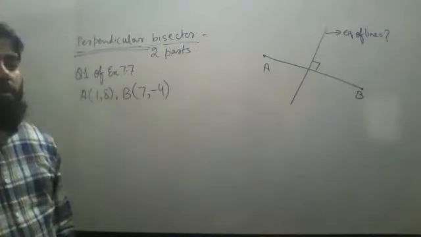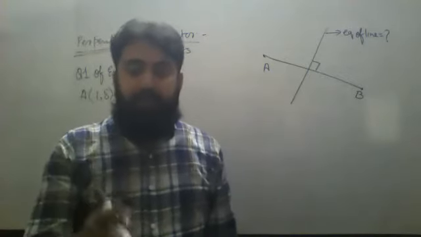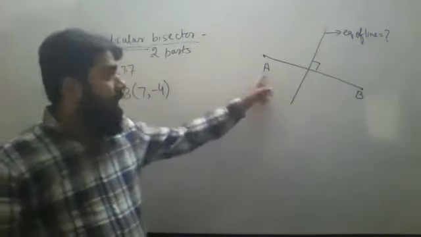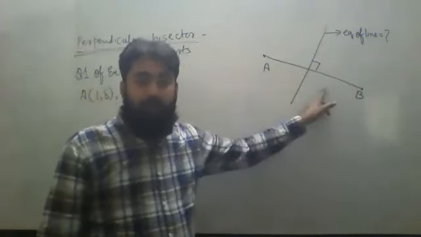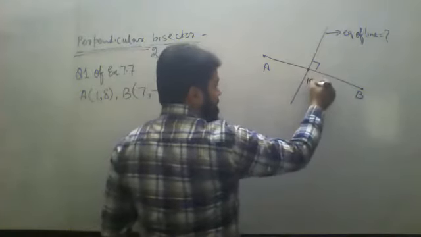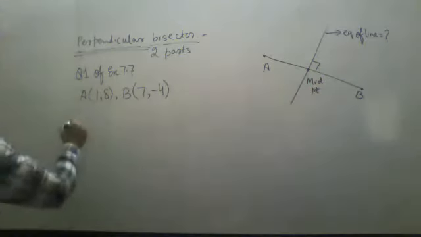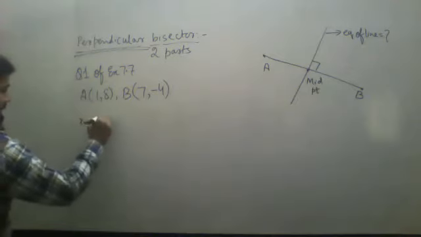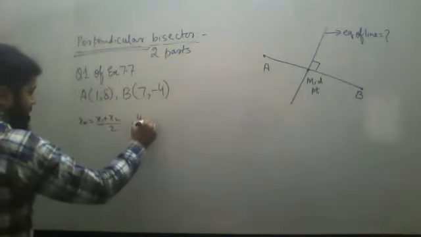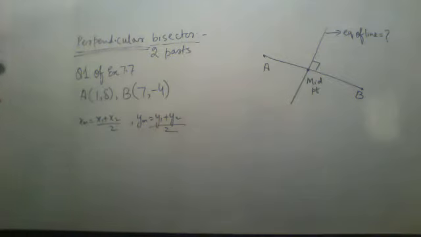As I have told you guys, perpendicular bisector means the line will be passing through the midpoint. So first of all, I am going to find the midpoint of AB. Midpoint formula is xm equals (x1 plus x2) divided by 2, ym equals (y1 plus y2) divided by 2.